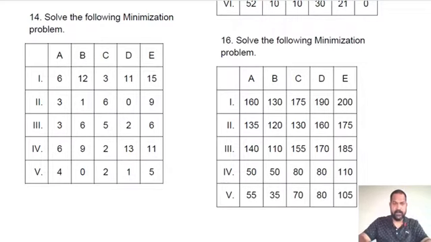Fine. That is the question that we are going to do.